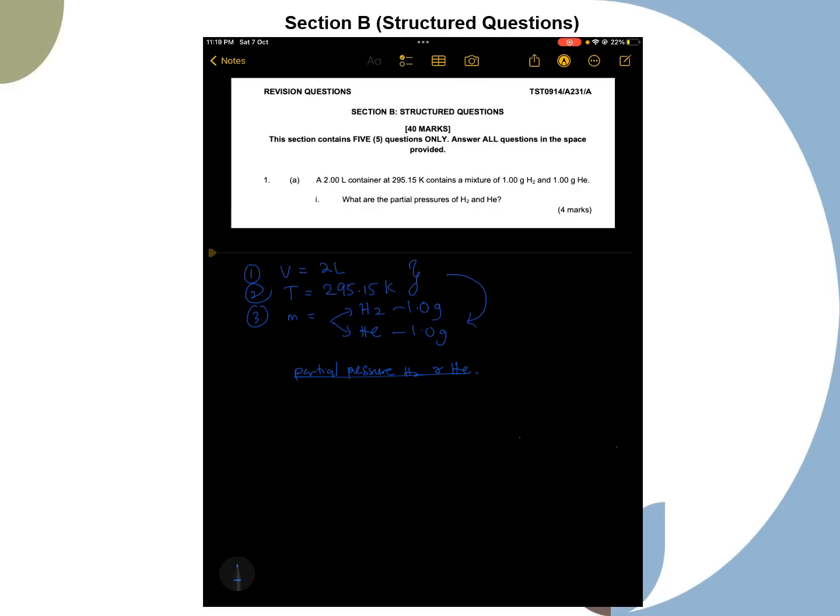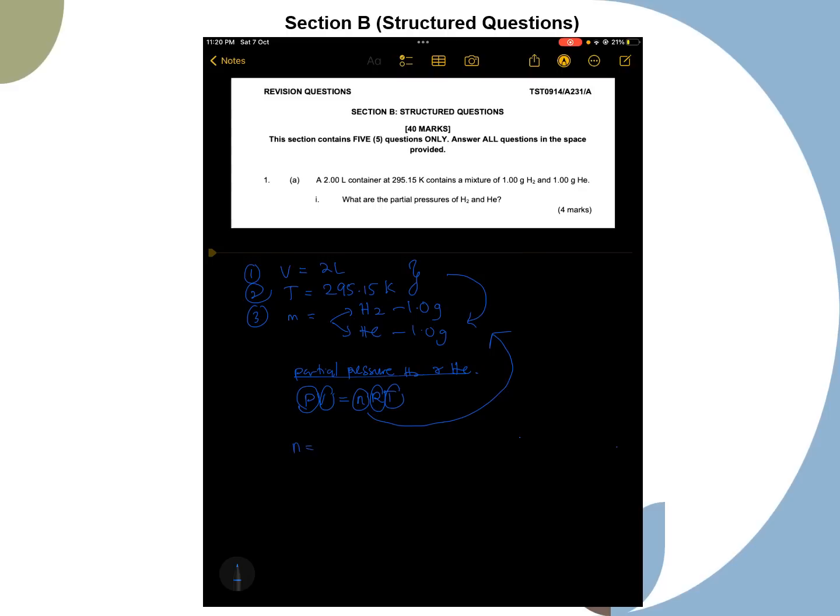The easiest formula we can use is the ideal gas equation, PV is equal to nRT, because P is the one that we want to identify, the partial pressure. V is given in the question, and we can find n, the mole, from the mass given. R is a constant, and T is also given in the question. So first thing, of course, we need to know the mole of each constituent.